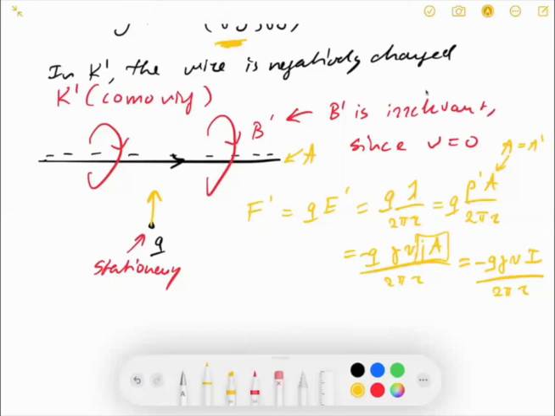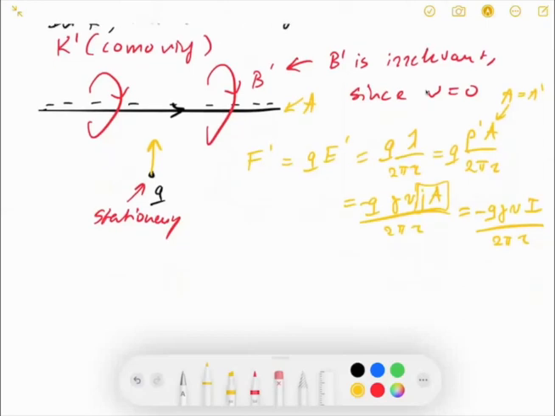So the force in this frame already has the right things that we need for this Lorentz force to work. You see that if we change the sign of I, so we get the current to go in the opposite direction, then the magnetic field also points in the other direction, and therefore the force should also go in the other direction, right?